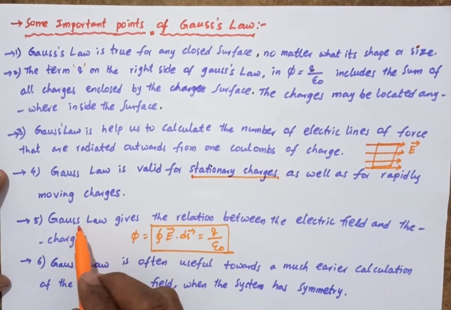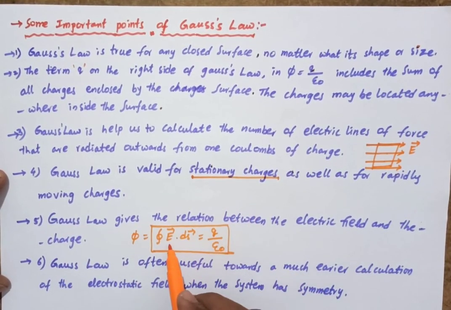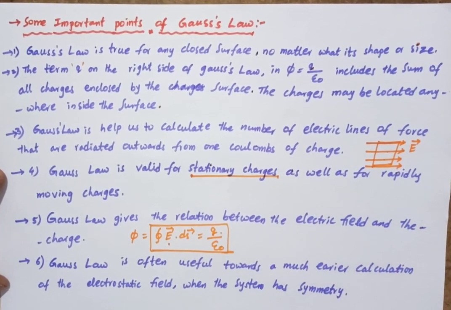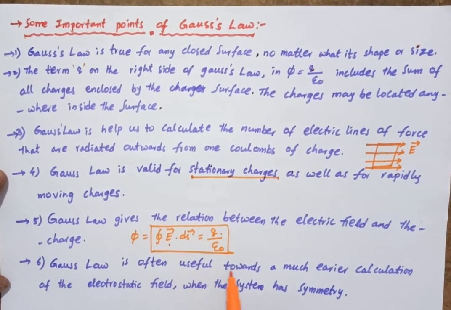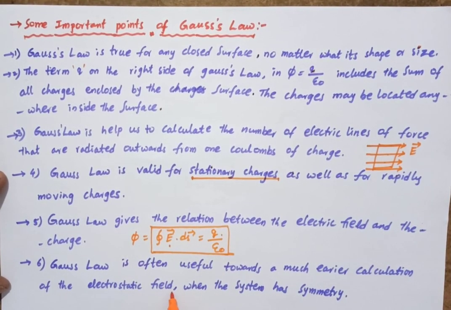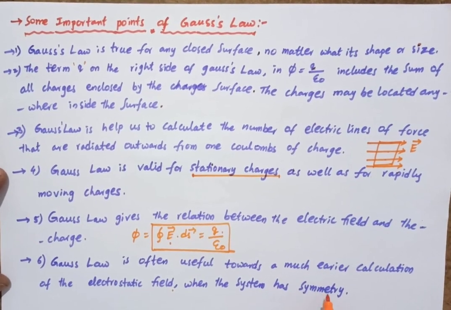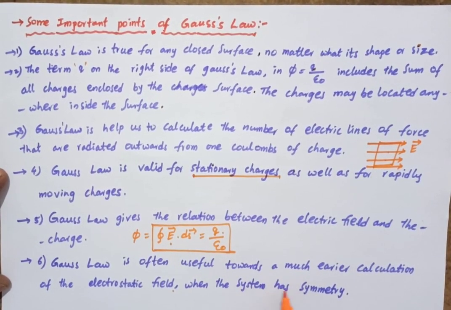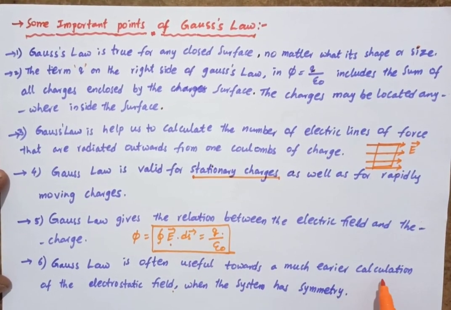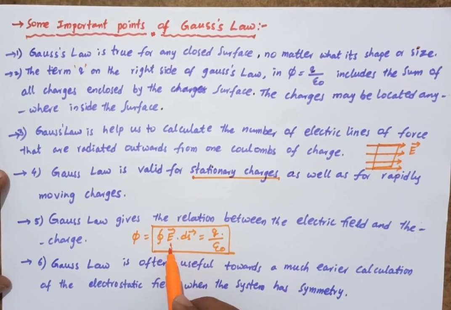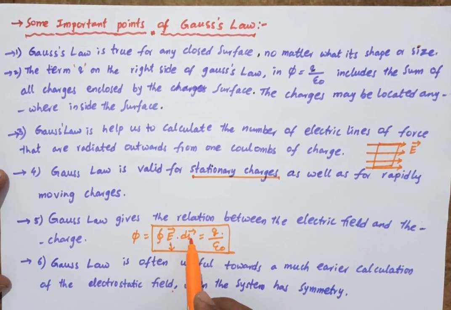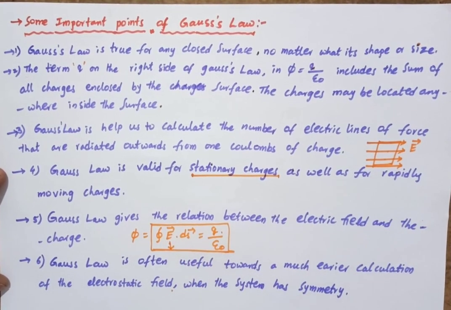So the Gauss law gives the relation between E bar and the charge, the electric field and the charge. This Gauss law is often useful towards a much easier calculation of the electrostatic field when the system has symmetry. Compulsorily the system has some symmetry. It is useful to derive the equation for the electric field from the equation closed integral of E bar dot ds bar equals Q by epsilon naught.